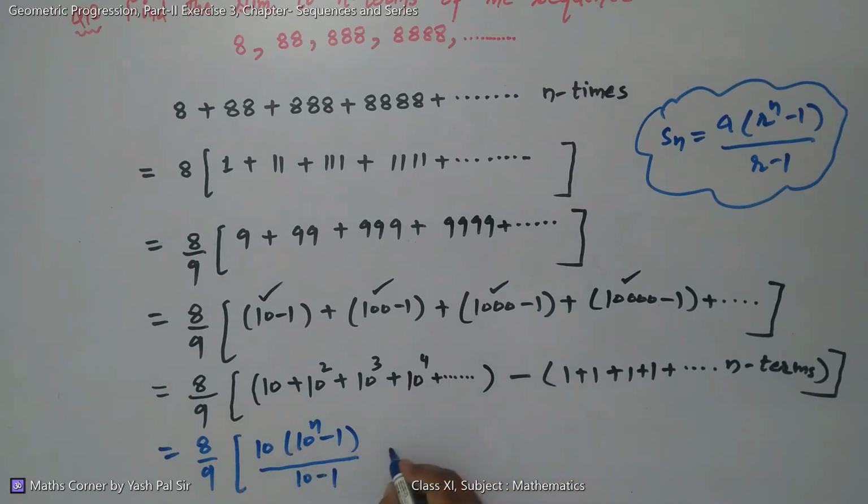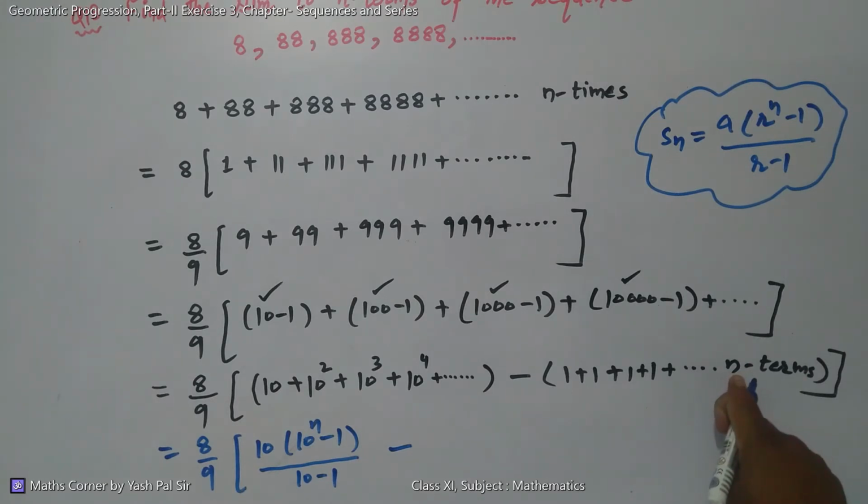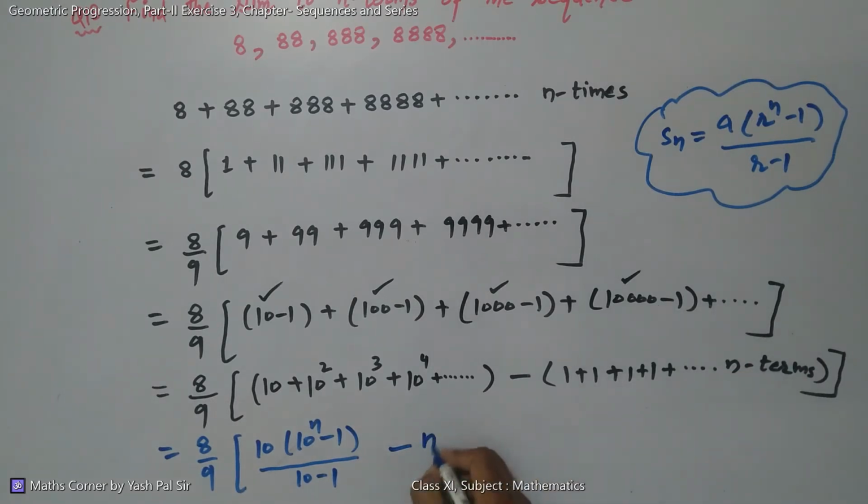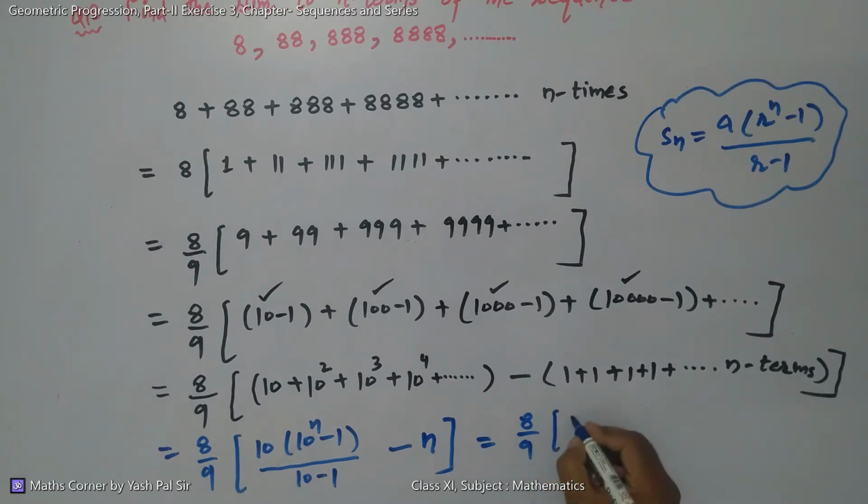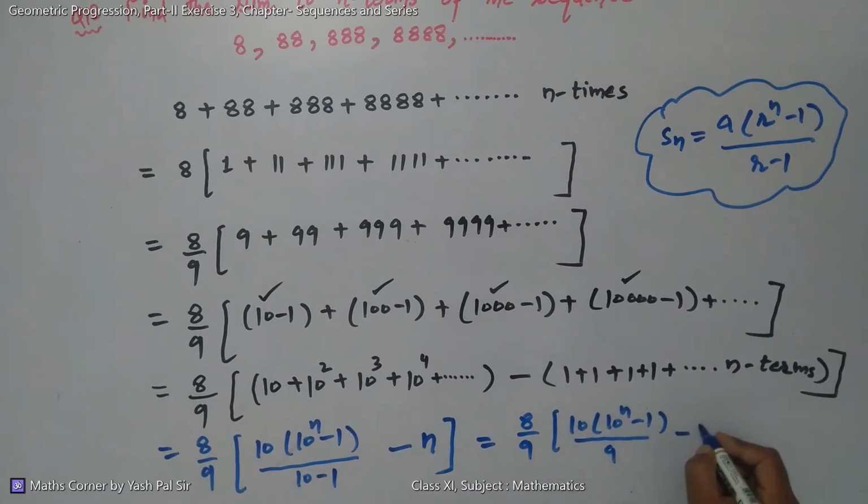Right? In the next step, 1 is added n times, so this becomes n. So solving this, we have 8 upon 9 into 10 into 10 raised to power n minus 1 divided by 9 minus n. So this is the required result. Next question.